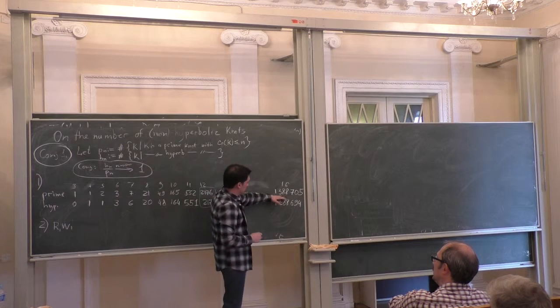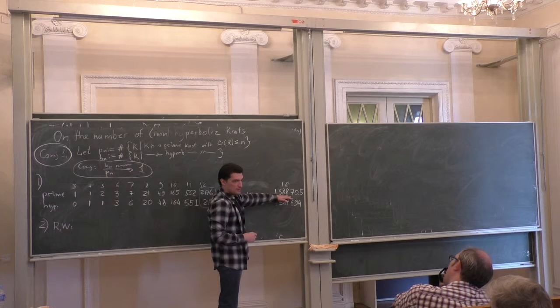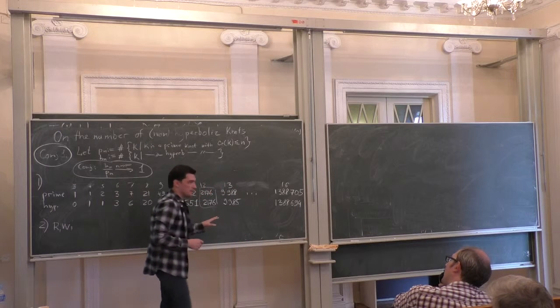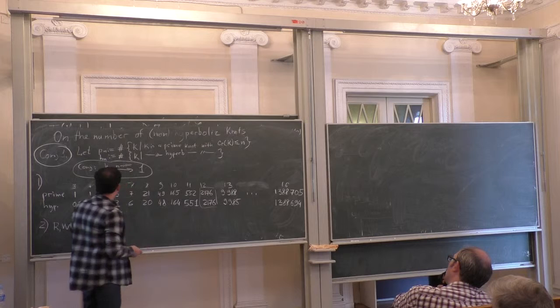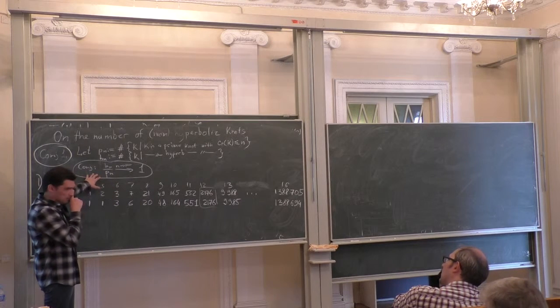And amongst the first 1 million knots, we have only about 30 non-hyperbolic. So when you see this table, this conjecture seems very plausible.